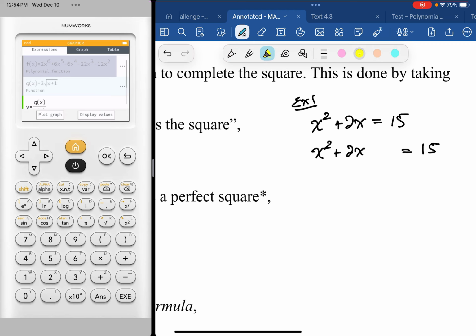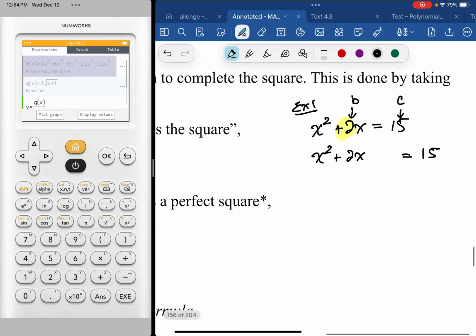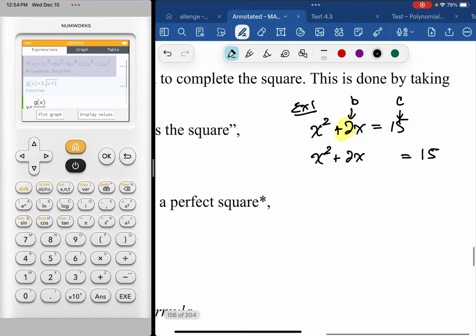The b value is the coefficient of x. The c value is that standalone constant. So we compute b over 2 squared.